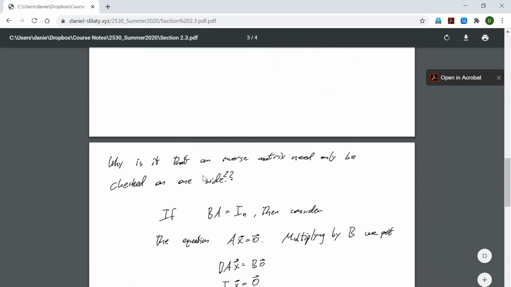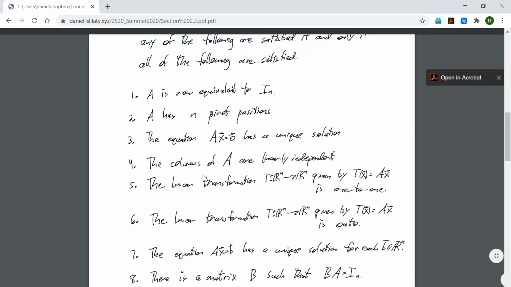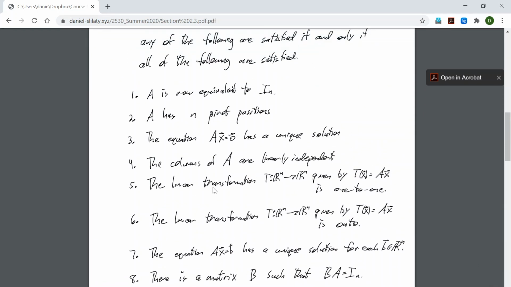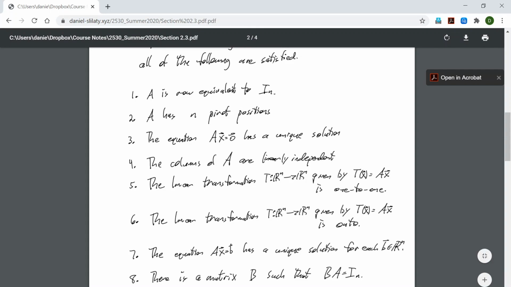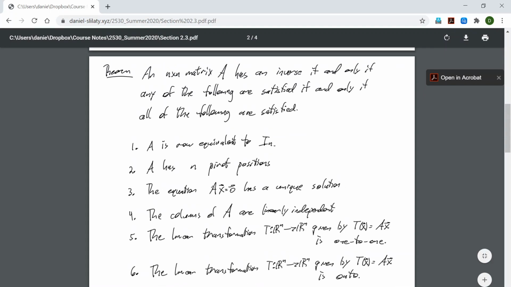Here it is. An n by n matrix A has an inverse if and only if all of the following are satisfied. Same thing as saying they're all equivalent.